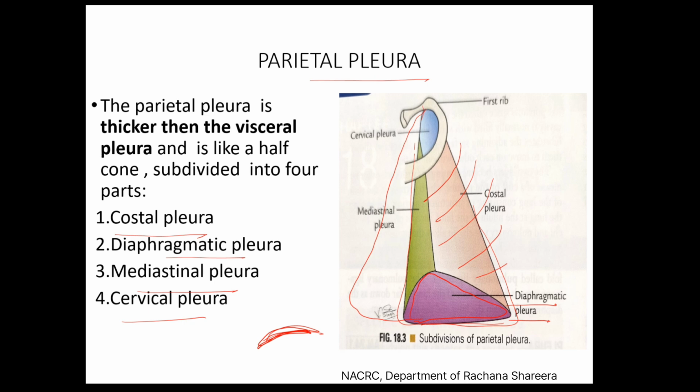The mediastinum is the part in between both lungs. This is called the mediastinum, where the heart is also situated. The medial surface of the lungs covered with the pleura is called mediastinal pleura, and the upper apical part of the lung covered with the pleura is called cervical pleura.